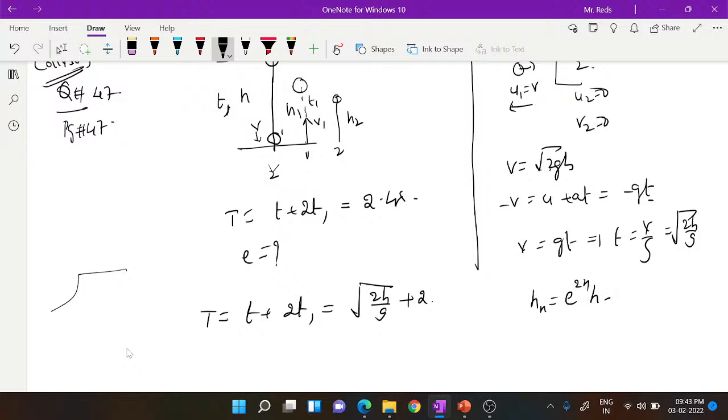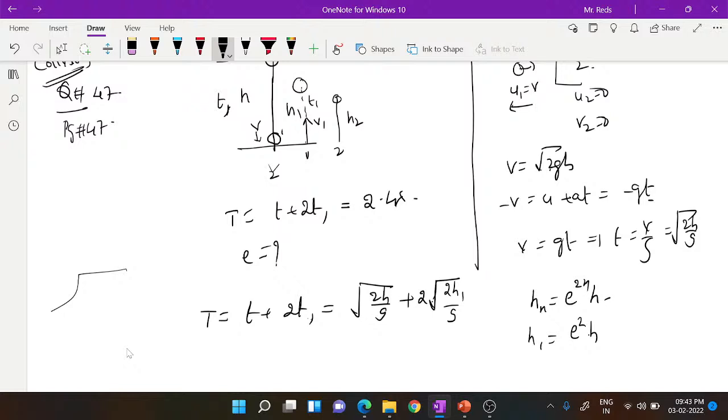After the first collision, you want h1. So 2 into t1, where t1 is square root of 2h1 by g. Here h1 is the height raised after the first collision, which means 2 into 1, so e square times h. Did you understand? Got it?